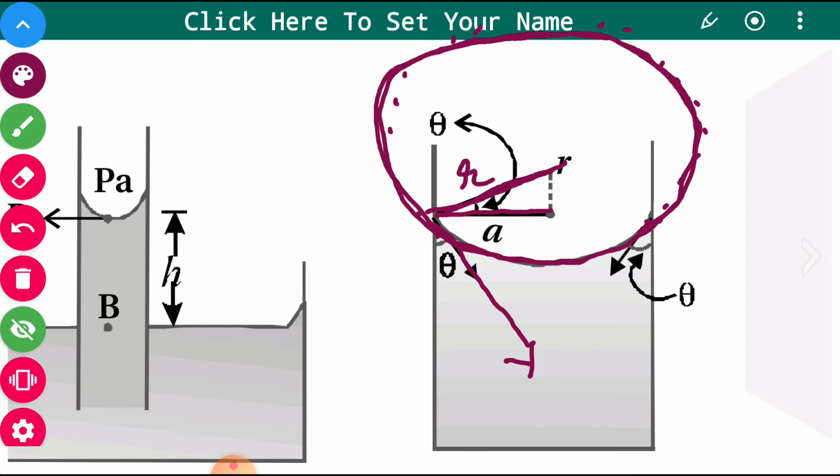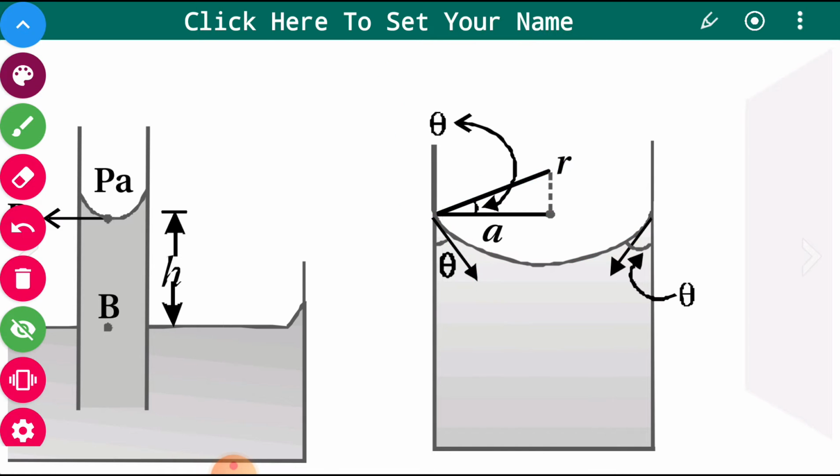Now this way the angle theta is the contact angle or angle of contact. Now these are two perpendicular lines, you can see. So if this is theta, then this becomes 90 minus theta. So this angle is 90 minus theta. Now try to understand this angle we have obtained, that is 90 minus theta.